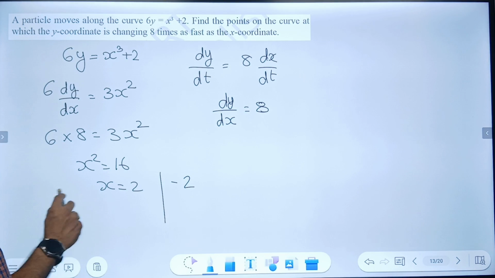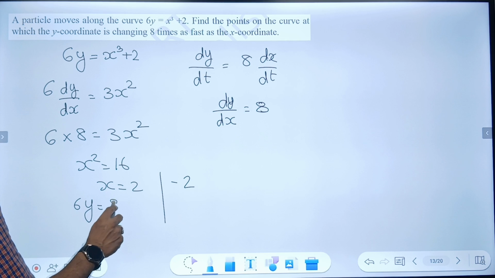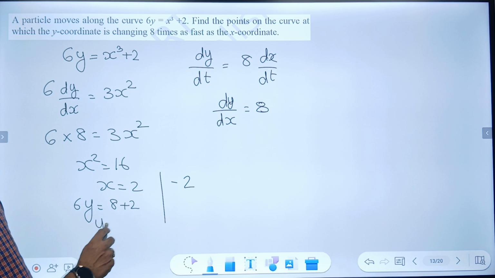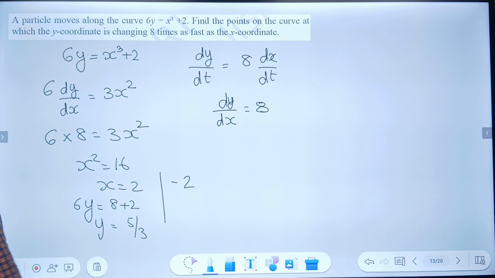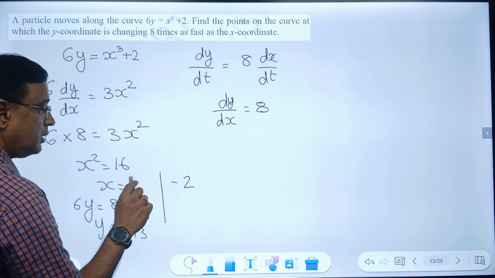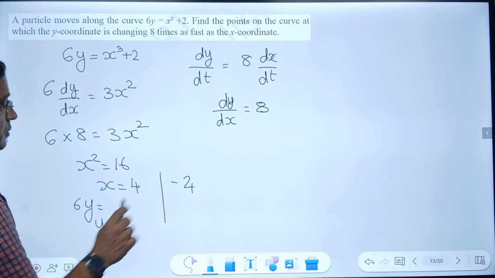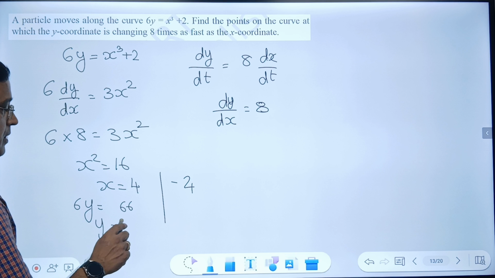So when x is 4, what is y? 6y equal to 64 plus 2. 4 cube is 64. So it is 66. So y is 11.